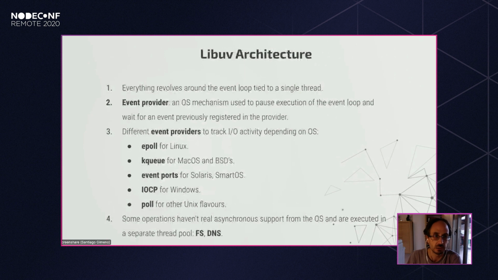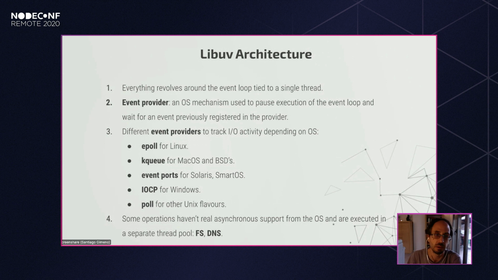With regards to the Libuv architecture, everything revolves around its event loop implementation, which is tied to a single thread. At this point, I'd like to introduce the event provider definition, which is an OS mechanism used to block execution of the event loop and wait for an event it has been previously registered in the provider.